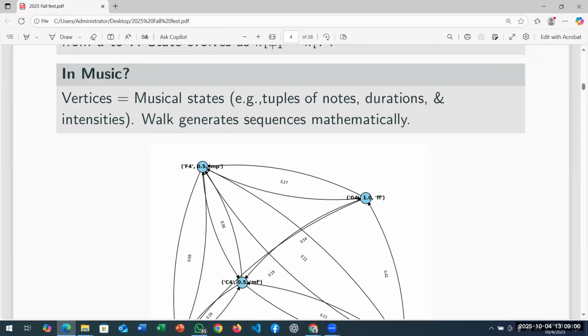Another thing is duration. Duration means the time for each note to sound. Another thing which was considered is intensity. Intensity means how loud or soft the note should sound.